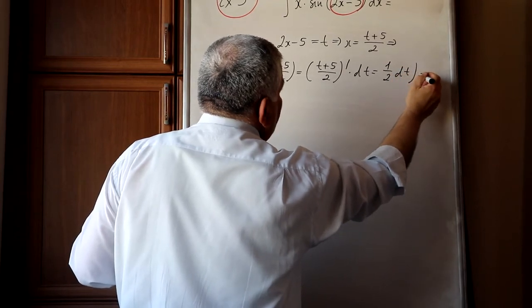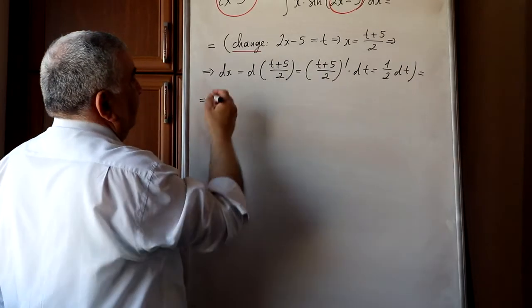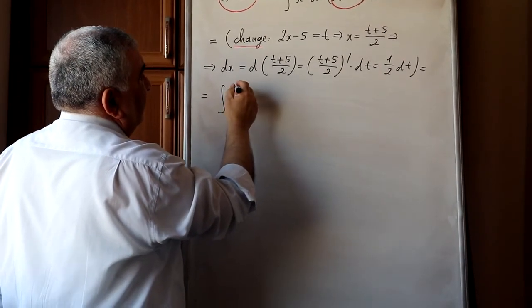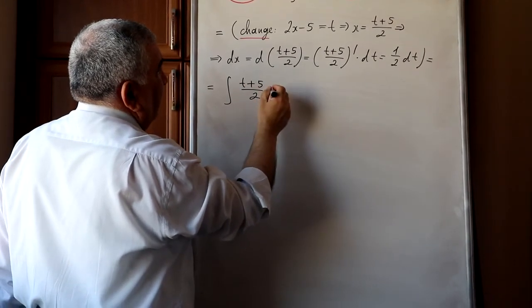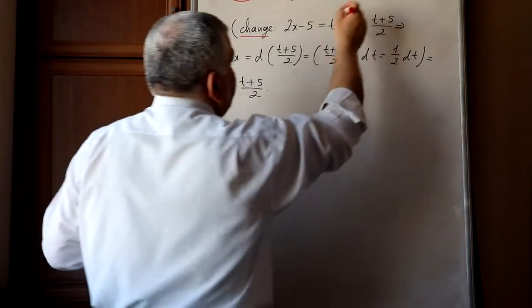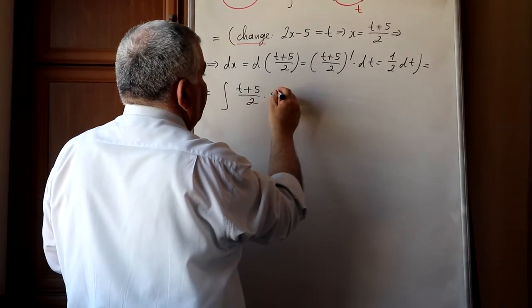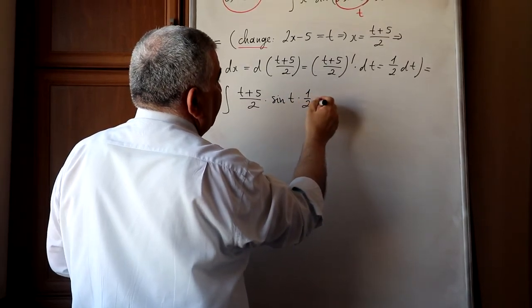Then apply this change to the given integral. Integral of (t plus 5) over 2, multiplied by sine t, and multiplied by 1/2 dt.